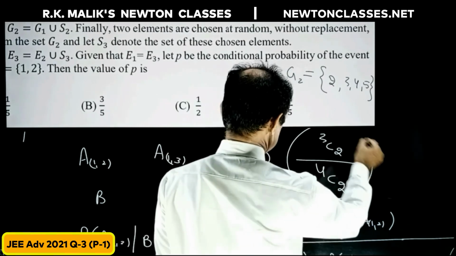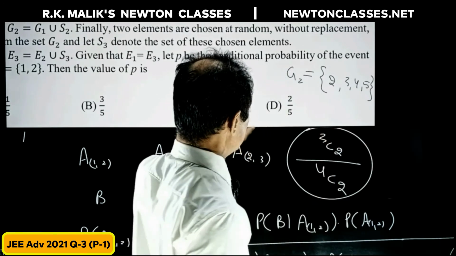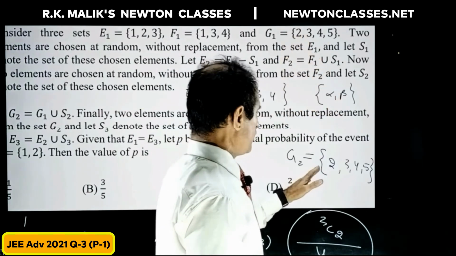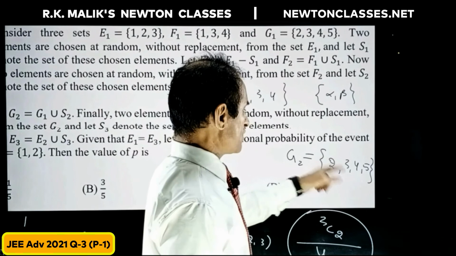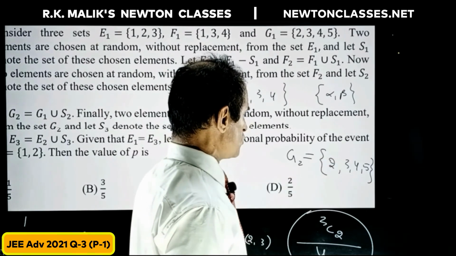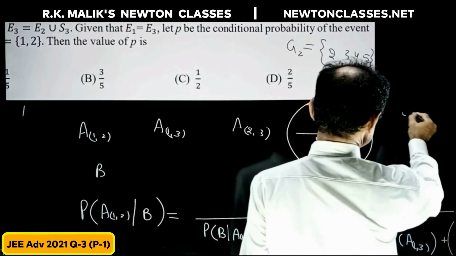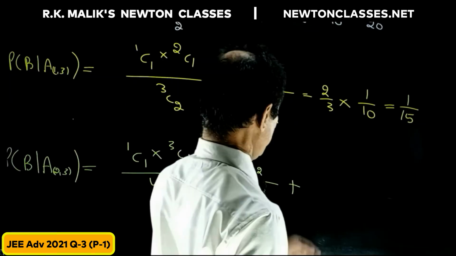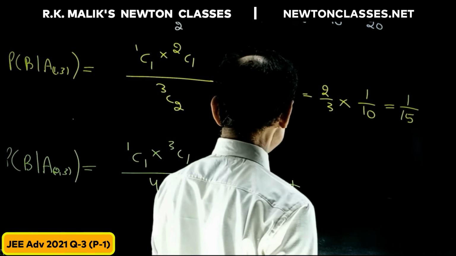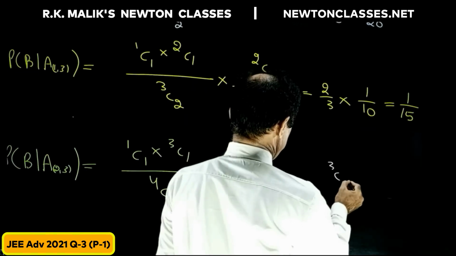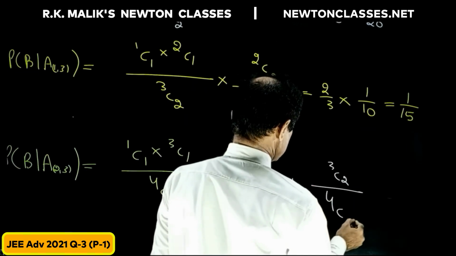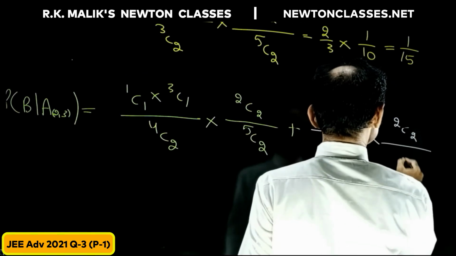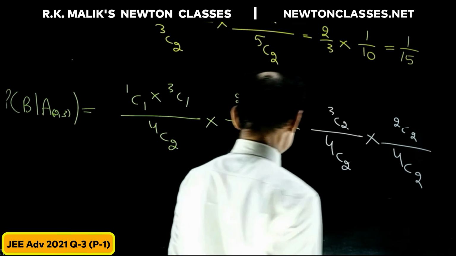In this case, once those two elements alpha beta are placed in G1, we have got set G2. From the set G2, 2, 3 should come out. The probability of this becomes 2C2 upon 4C2. Hence the second case will have the probability 3C2 upon 4C2 into 2C2 upon 4C2.